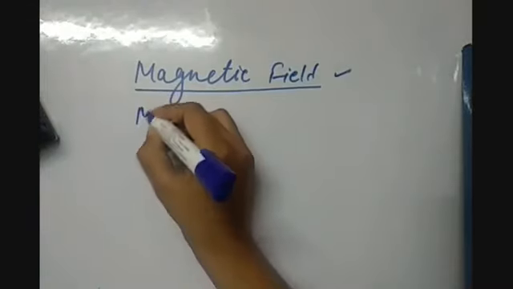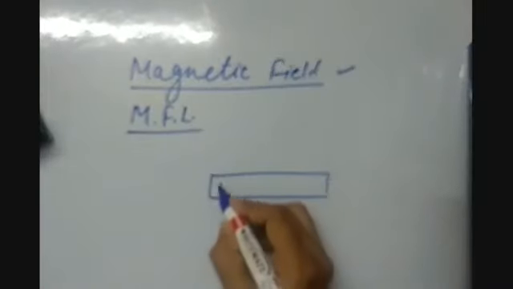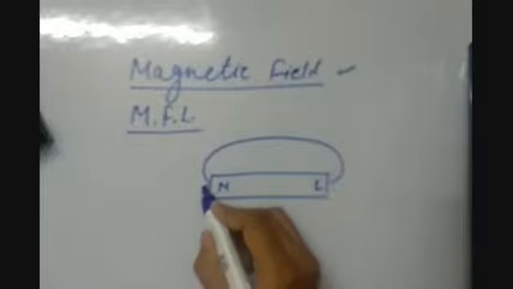Then comes the magnetic field lines. So magnetic field lines are the curves or the imaginary lines. They can be straight or curved around a magnet.